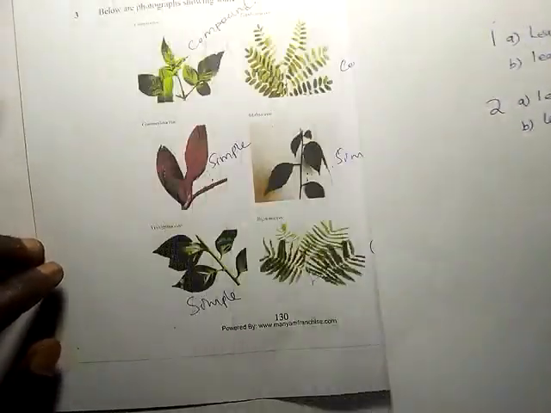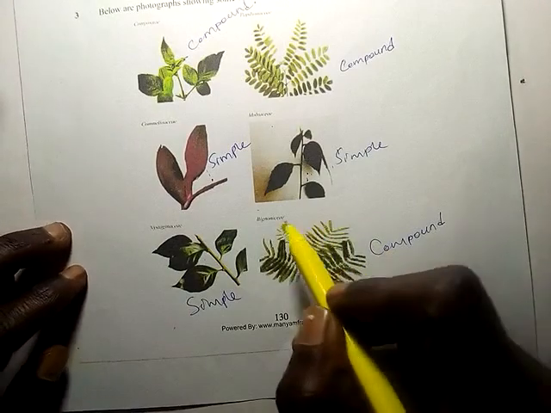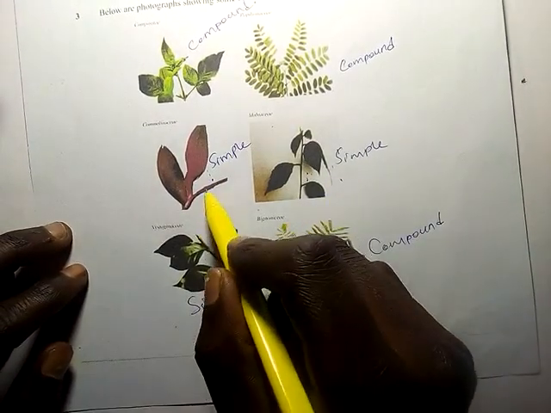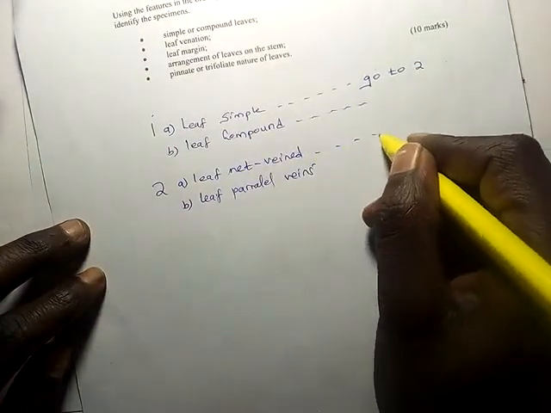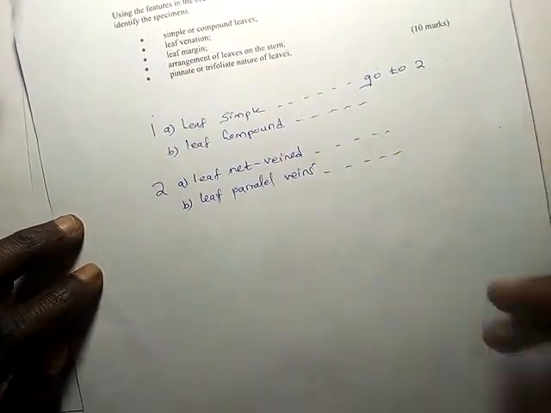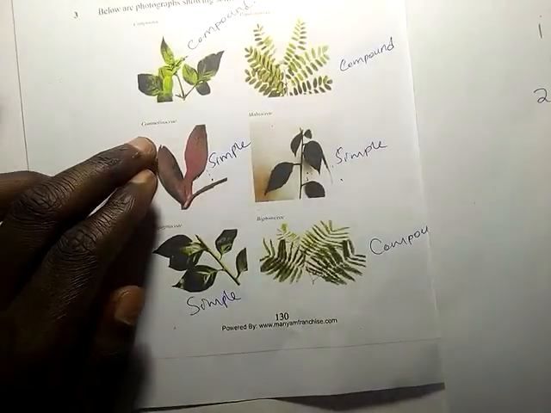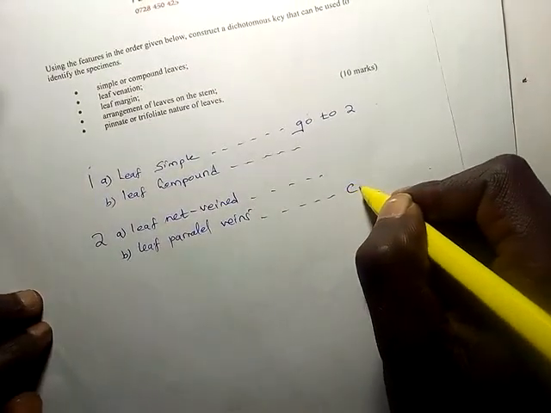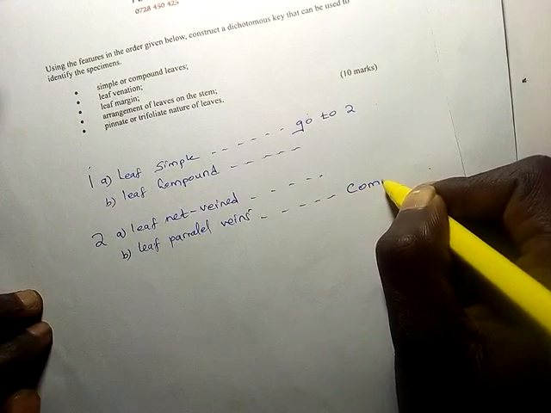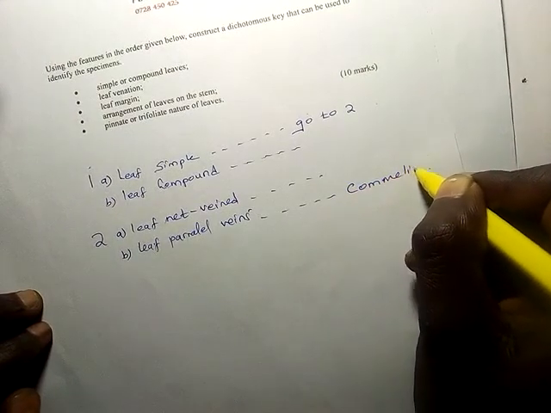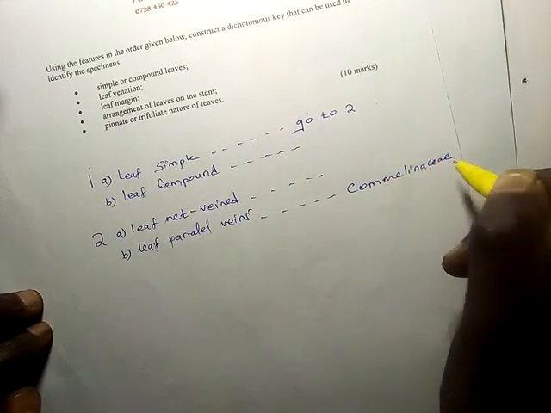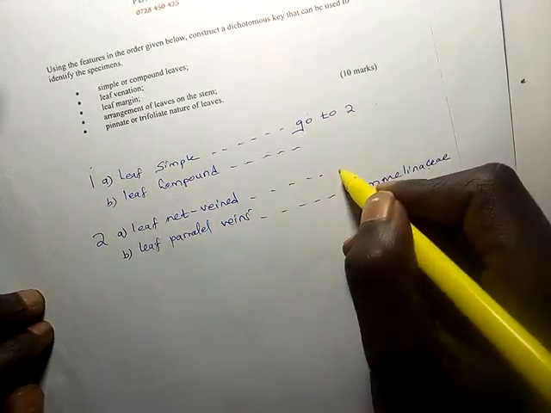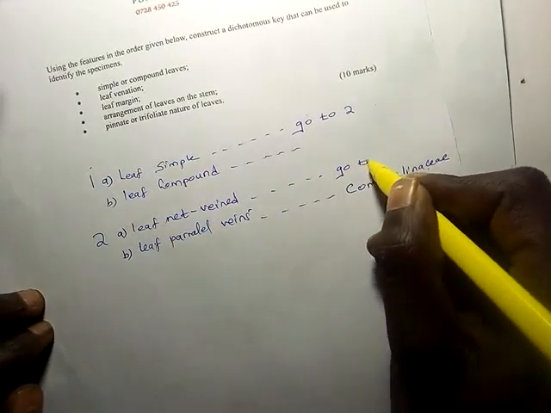Now with the network veins there are 2, but with parallel veins is 1. Now we write the name of the leaf, which is the Commelinaceae. That is a scientific name, Commelinaceae. Now here, because there are 2, you say go to 3.